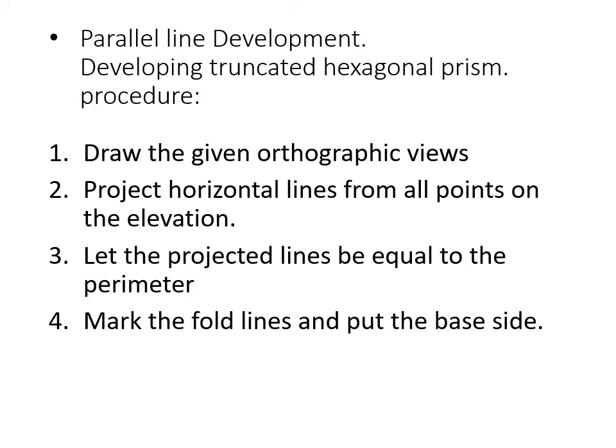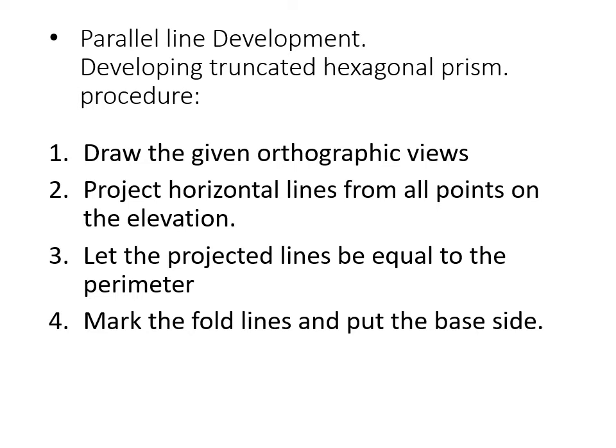Now we're going to develop two shapes today. One is truncated hexagonal prism. The procedure is here for you to follow. With the procedure here, follow it step by step.